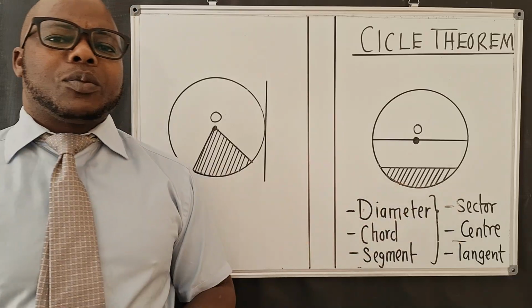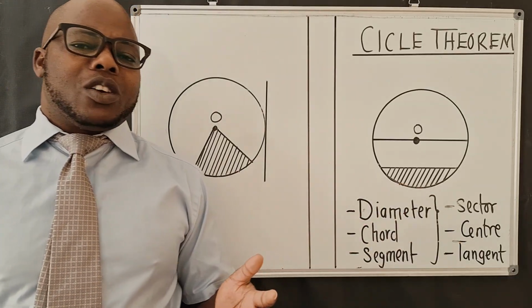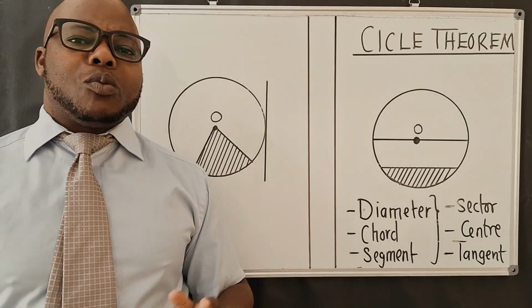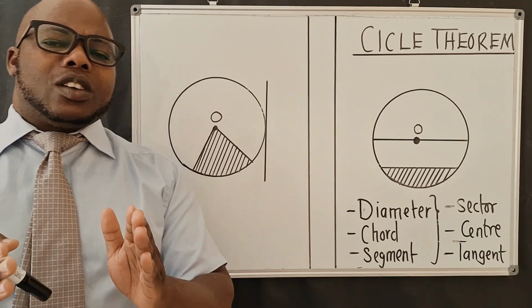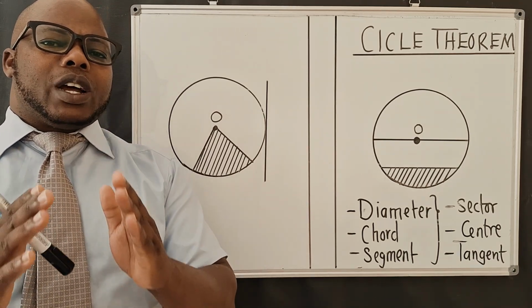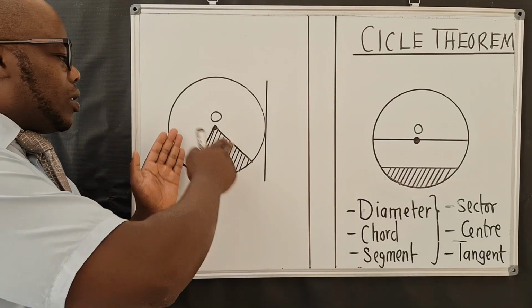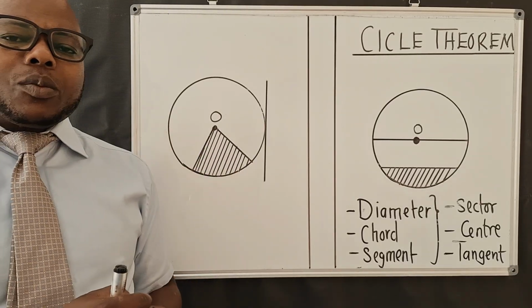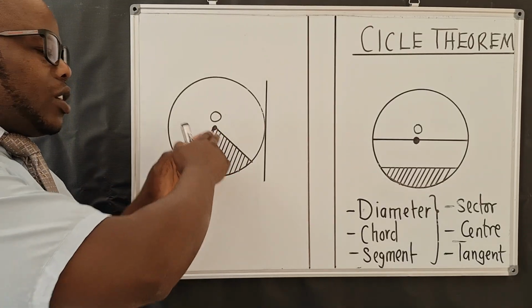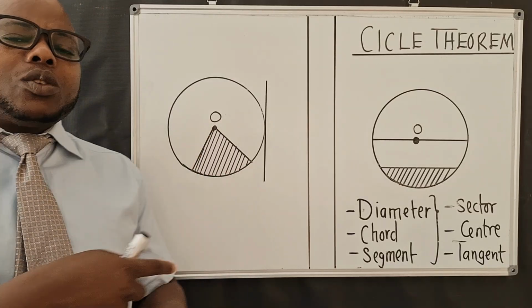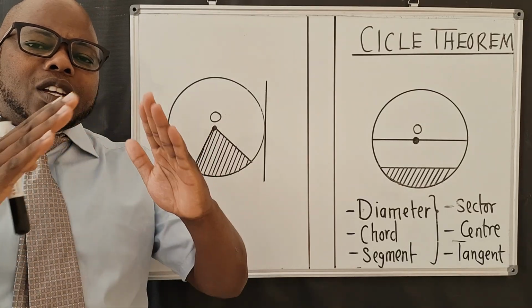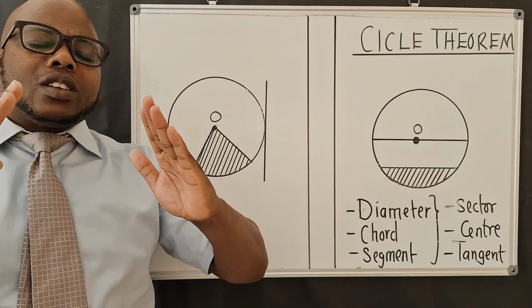Let's go to a sector. A sector, you meet it in mensuration, but under circle theorem, we like talking about a sector because there is a property which goes with a sector. For example, you can see this is a sector. For as long as there's a radius, this is a radius, and another one here, so radii, and they're going to the center, forming a certain shape.